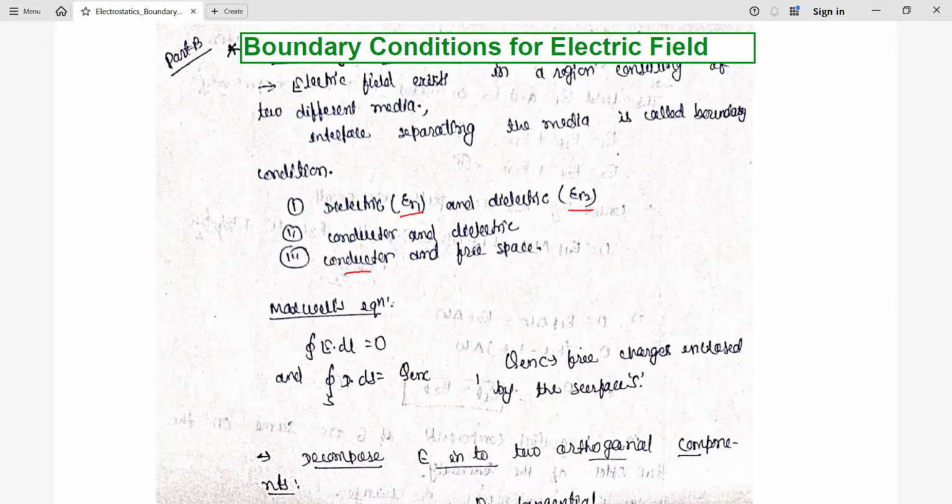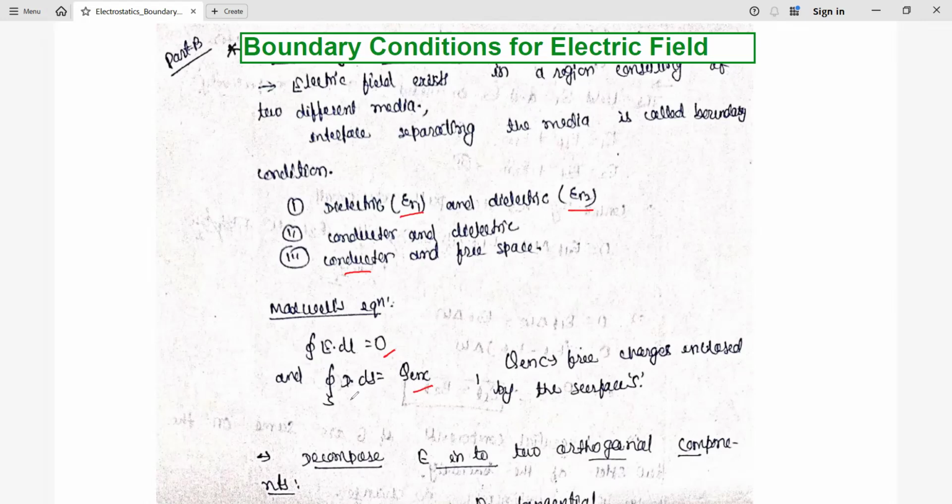To understand these interface conditions, we should recall the concept of Maxwell equations. How many Maxwell equations have we seen? In electrostatics, you have two Maxwell equations. Here, these Maxwell equations are in the integral form. E dot dl over the closed path is equal to 0, and total flux is equal to charge enclosed.